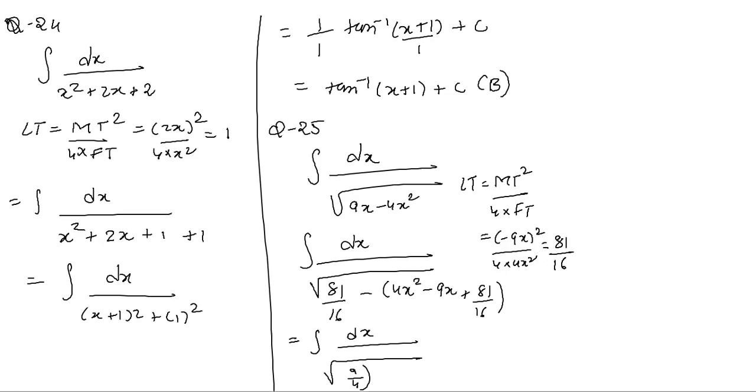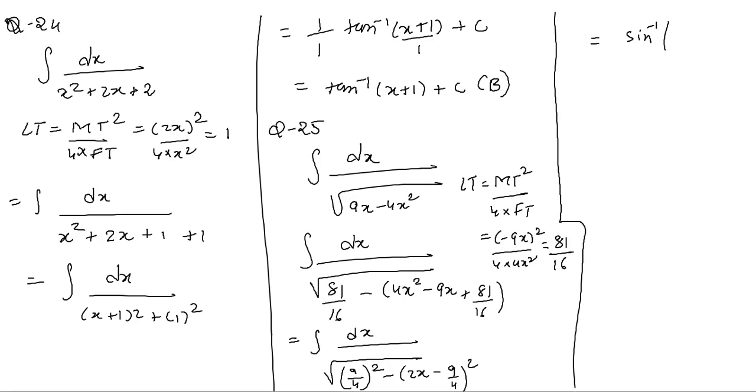So this will be 9 by 4 whole square minus 2x minus 9 by 4 whole square. So it is of the form 1 upon a square minus x square, whose answer is sine inverse x upon a.